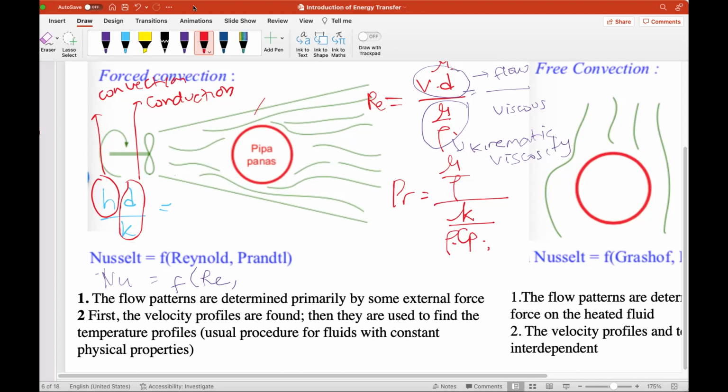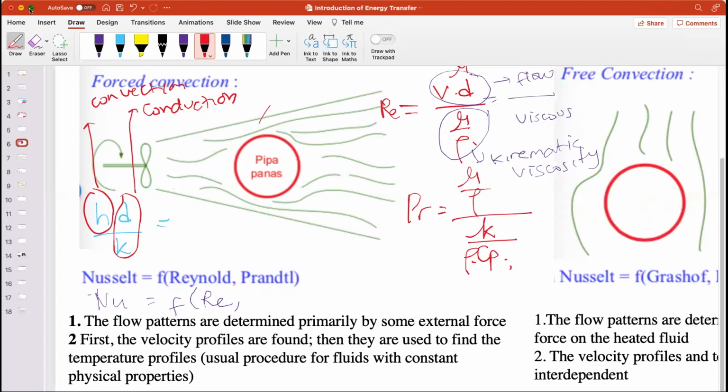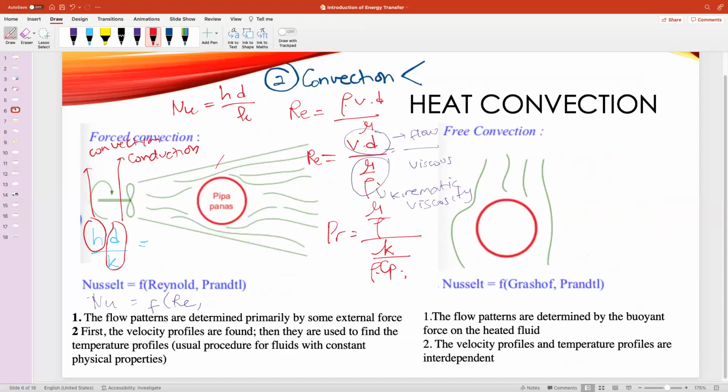After that, the rho will cancel out, so the Prandtl number would be mu Cp over k. It is about diffusivity: the kinematic viscosity, or momentum diffusivity, divided by thermal diffusivity.